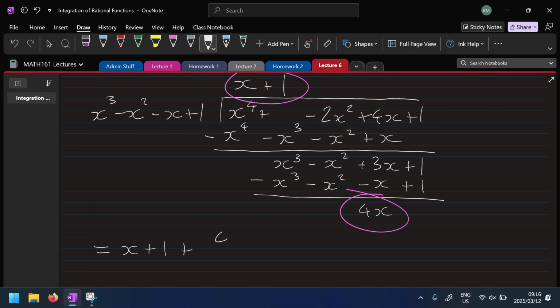So it's going to be plus 4x over whatever we were dividing by. So that was x cubed minus x squared minus x plus 1. Now, if we wanted to integrate this, then this part is easy to do. It's fine. This over here, you would have to then factor it and then split it up.